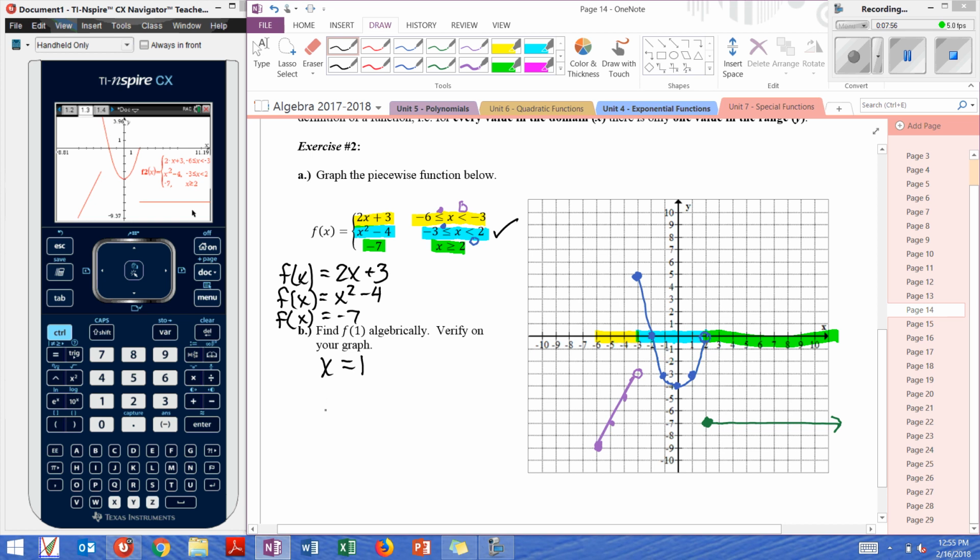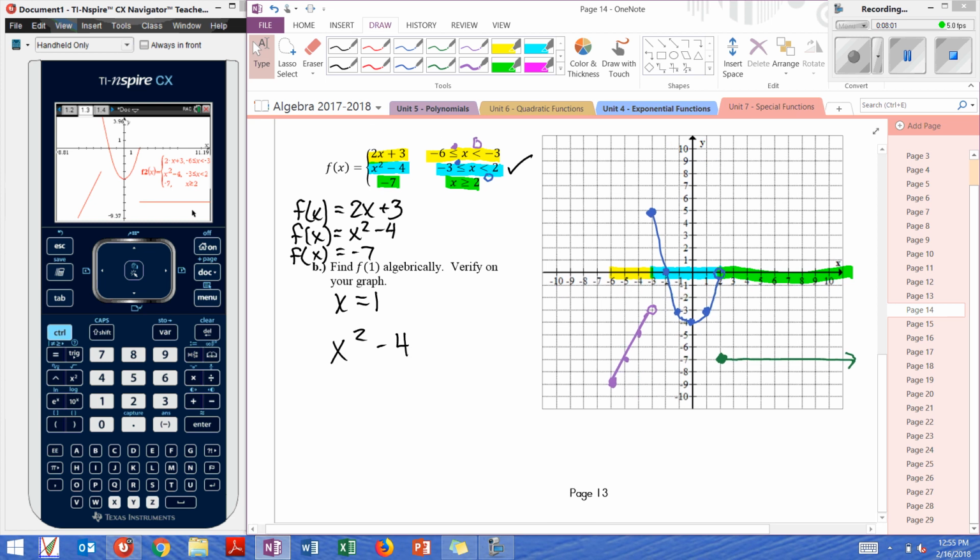Yes. So x squared minus 4, the blue piece, is what we need. This is just 1 squared minus 4, and 1 minus 4 is -3. And if we look at the graph where x is 1, y is -3. So it checks, and we're happy.